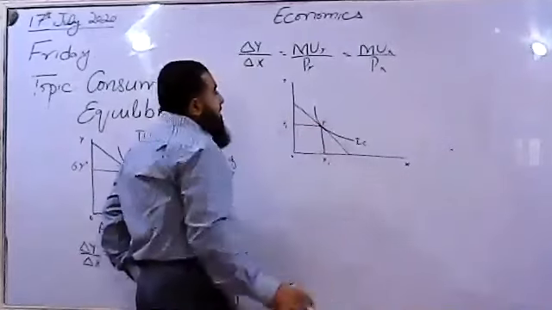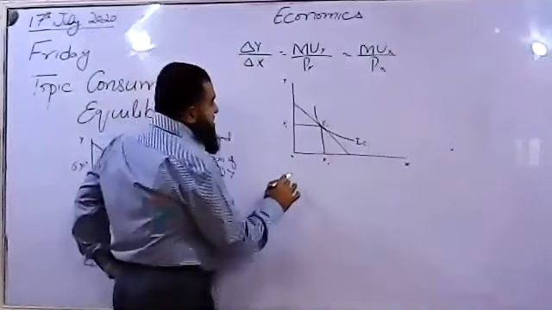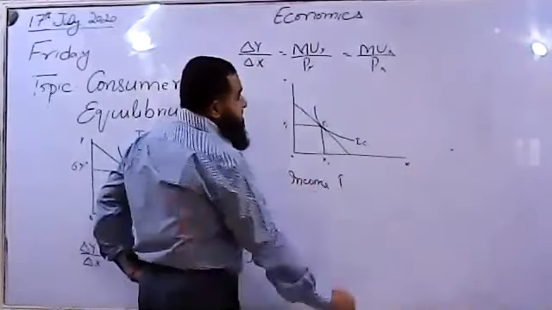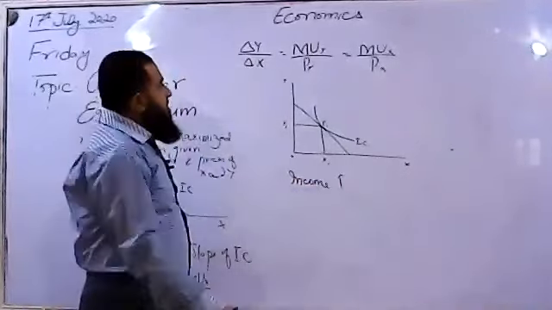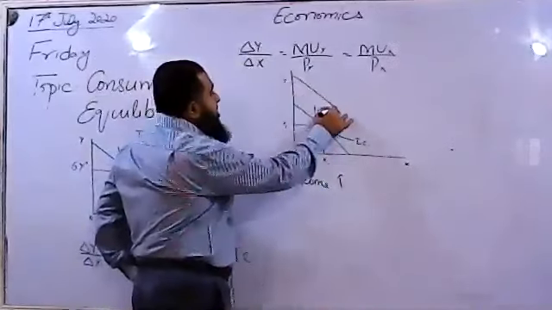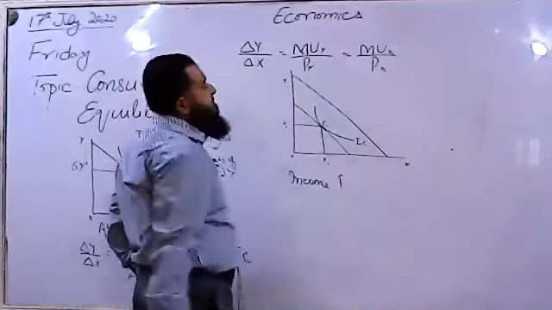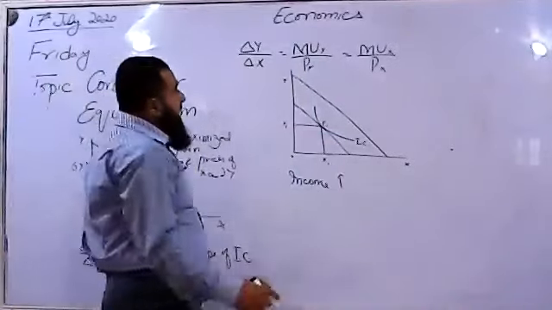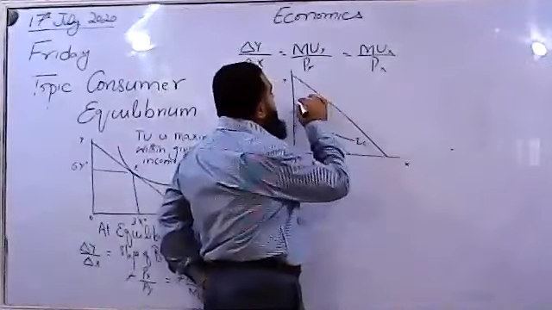This is E1. Now his nominal income increases. His budget line will have a parallel outward shift, as we said in our previous lesson.